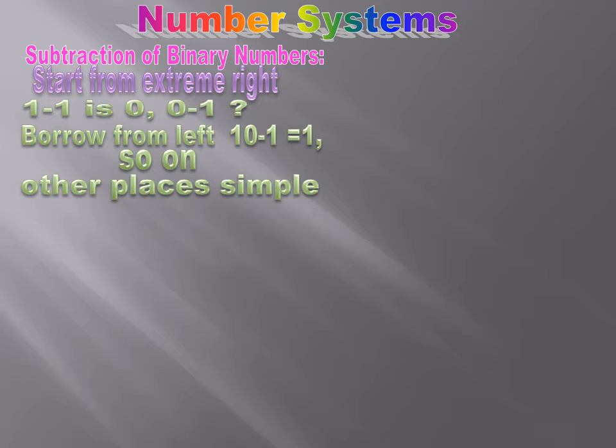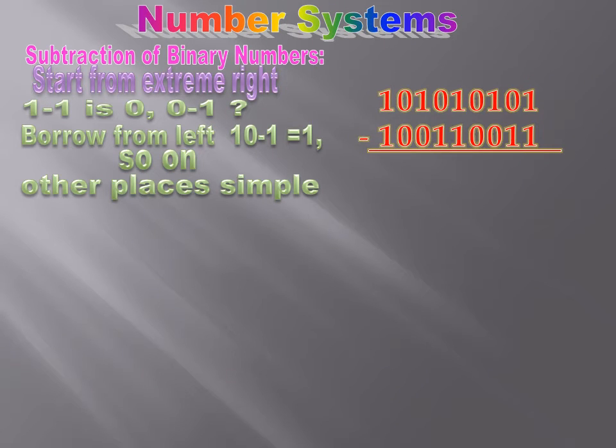So now let's take the binary subtraction. If I have the same numbers as in the previous example, but do the subtraction instead, what happens? We'll start from the rightmost with 1 minus 1 is 0. Then 1 cannot be subtracted from 0, so a borrow of 1 will be taken from here.